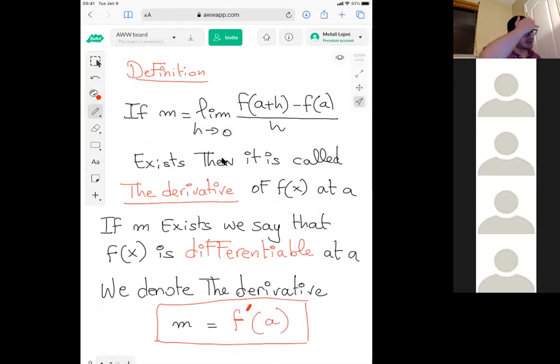That's the definition: this m is exactly the derivative of the function f at a, right? And so here's the notation, guys.